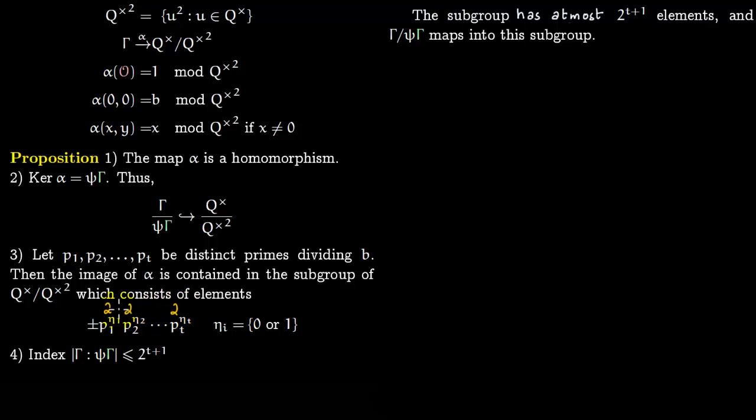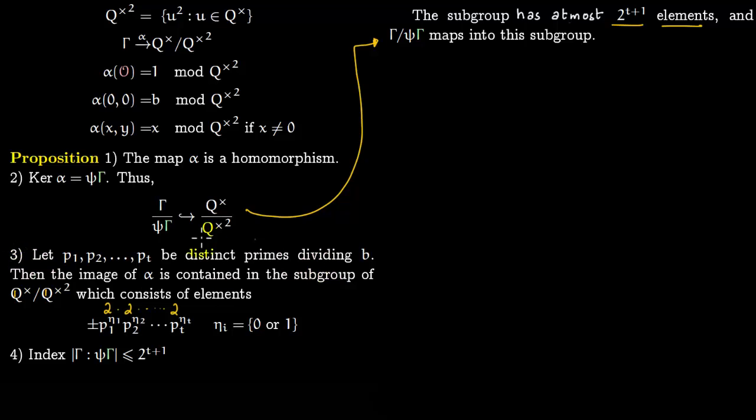So you can see there are a total of 2 to the power of t choices, and this gamma over psi of gamma injects into this group. So the index has to be less than or equal to the size of this group, and this group has at most say 2 to the t plus 1 elements, and as we see, this thing injects right in here.